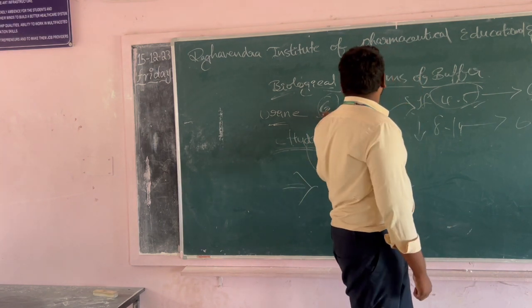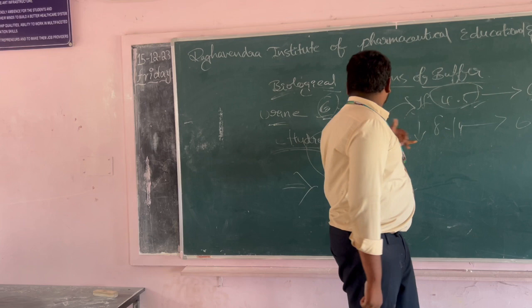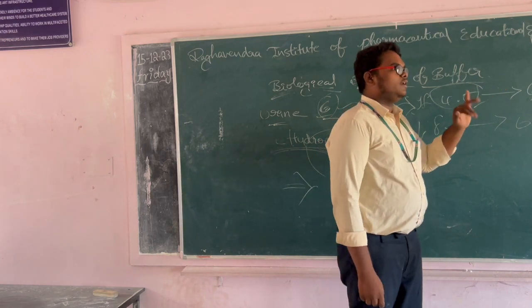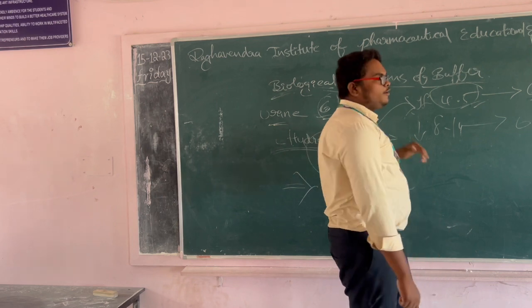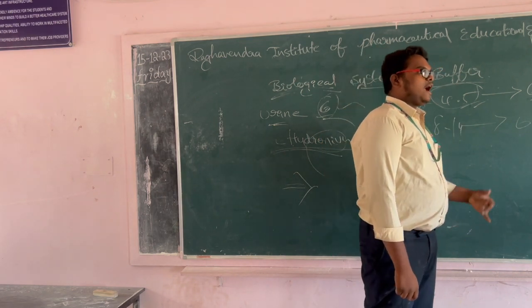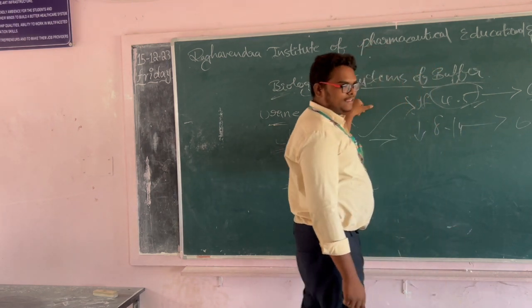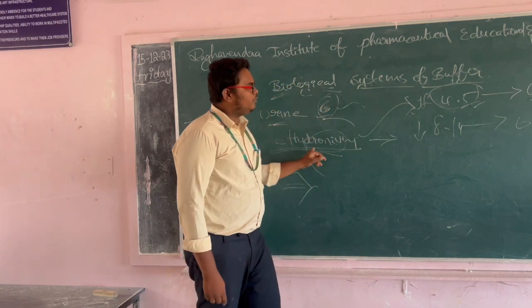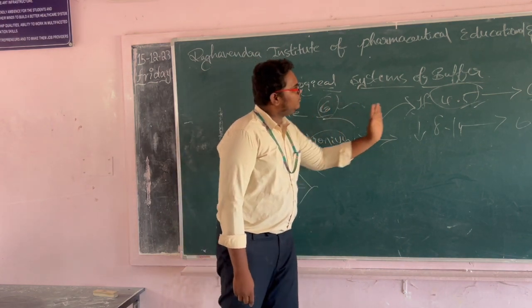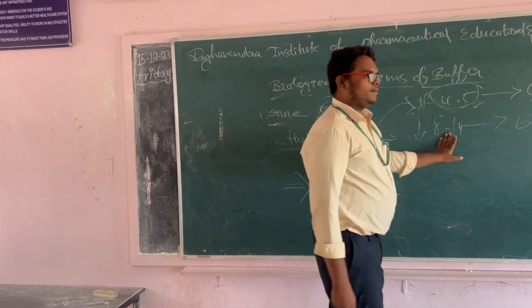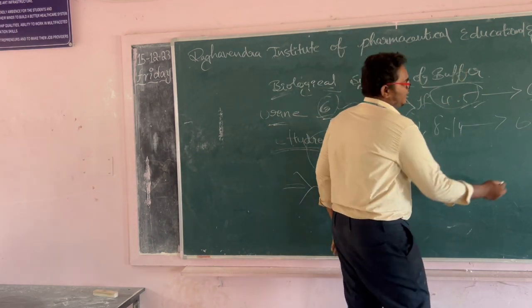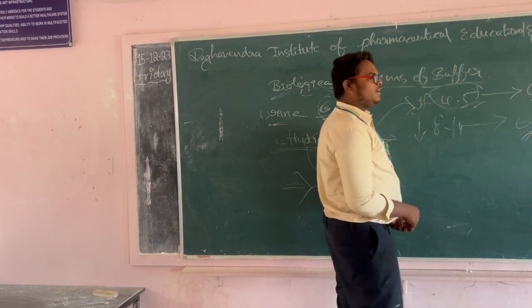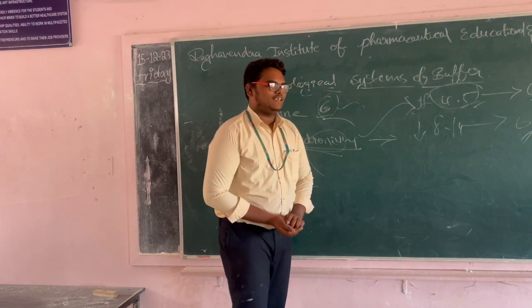If the buffer is acidic in nature, the kidney secretes more hydronium and the constant pH becomes 6. If the hydronium ions become less, it goes into alkalinity. The reverse will occur. I understand.